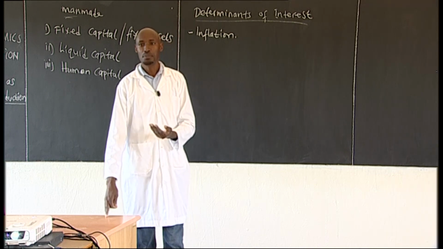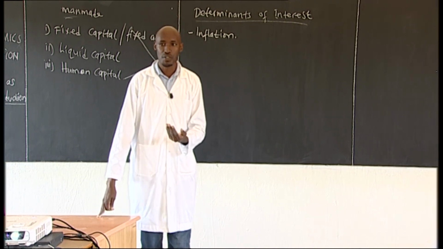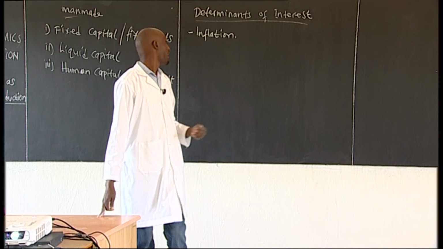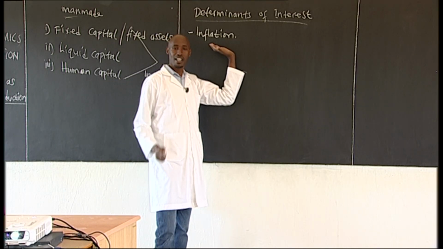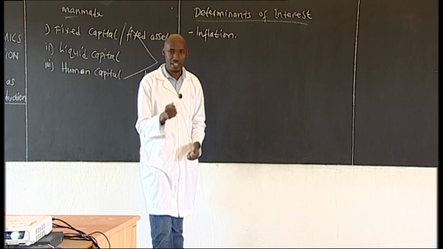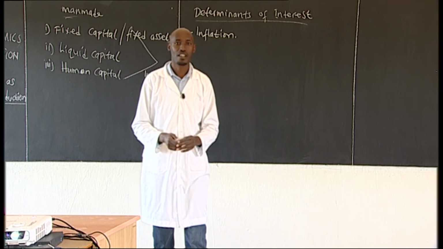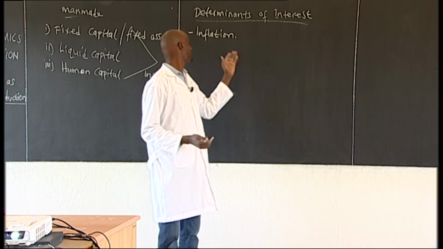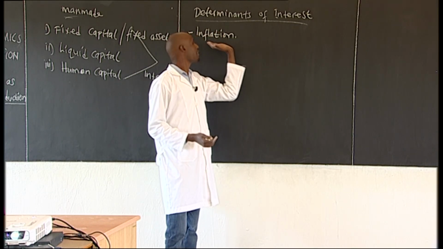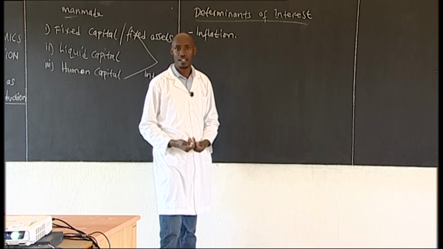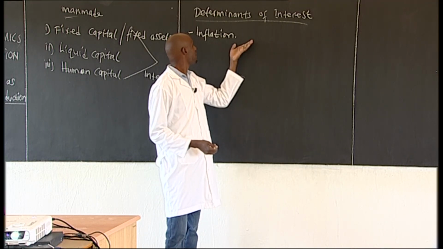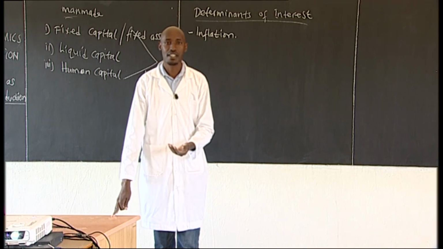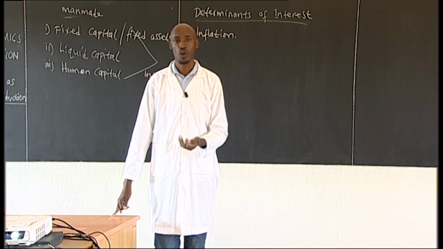So when there is inflation in a country, the interest rate is high. So whenever you hear that in our country we have inflation, then you just know that interest rate is going to be high. Then, on the other hand, if there is deflation, interest rate will be low.